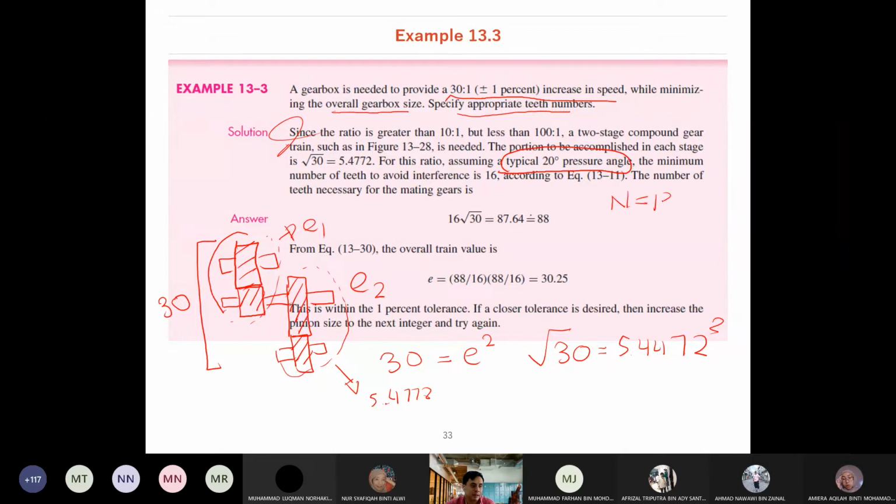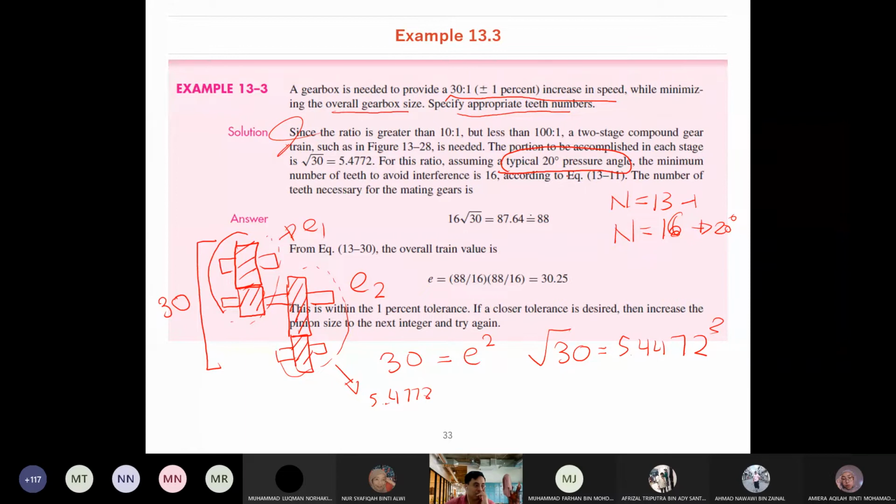Tak boleh. Sebenarnya the minimum size of the gear is actually 16. Kalau awak gunakan 20 pressure angle biasanya. 16 is the minimum of number teeth that you can apply. Kalau awak 13 ataupun kecil daripada 13 ni, kemungkinan akan berlaku interference. Okay, interference. So tak sesuai lah. Kita nak conjugate action, betul tak? So kita tak nak ada interference.